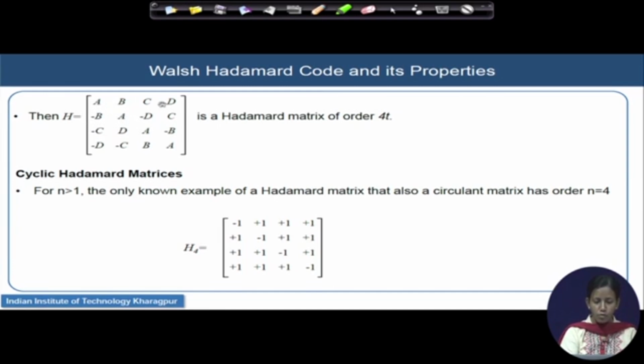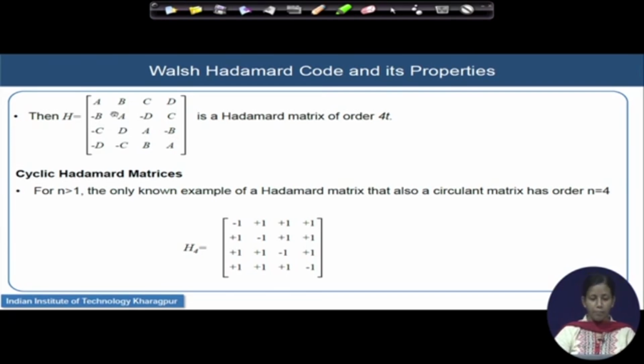The first row consists of those T cross T symmetric matrices. The second row will be taken as minus B, and then A, minus D, C. The third construction will be like this. Fundamentally, the matrices A, B, C, D are T cross T symmetric matrices, with their transposes, and you are constructing the fundamental matrix by shifting it as well as taking the transpose.